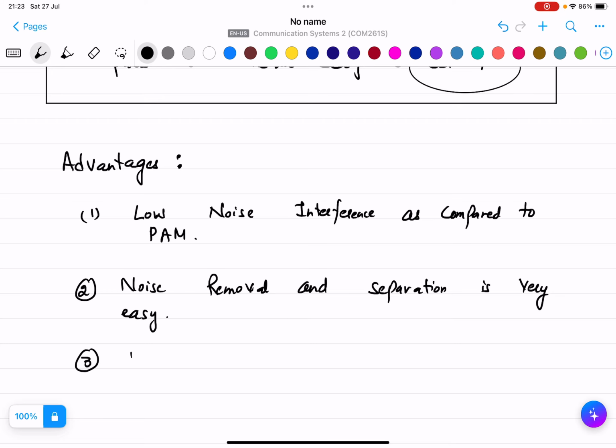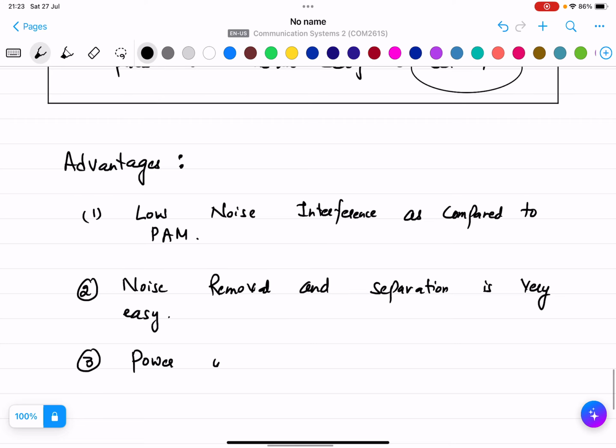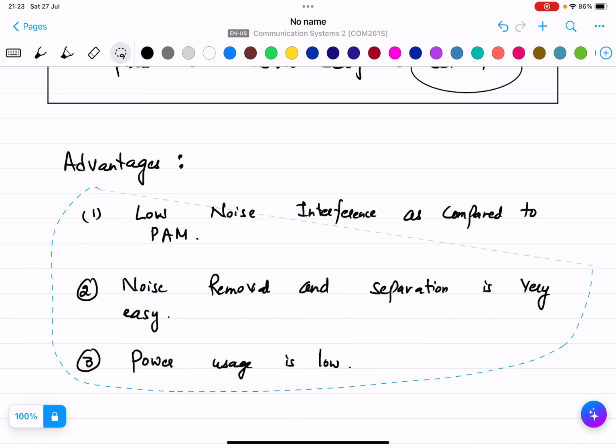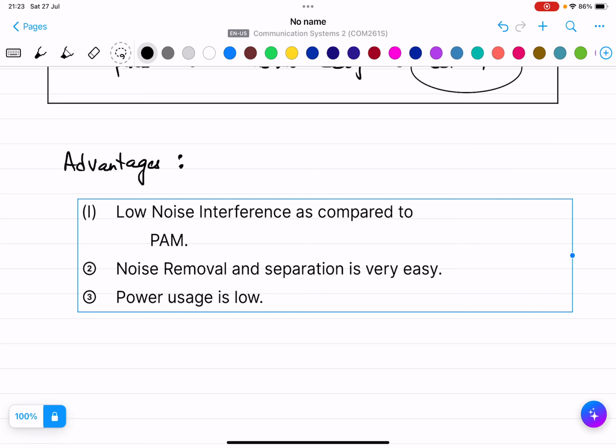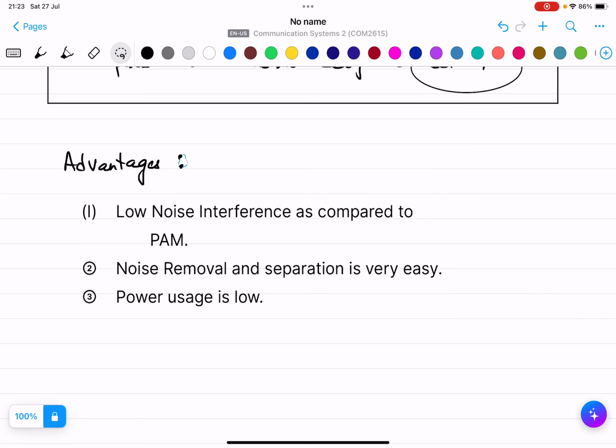The third one, power usage is low. So these are some of the advantages of PPM.